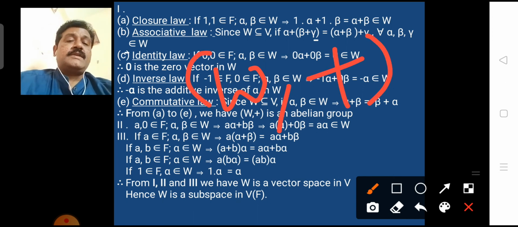The second property: we have to verify that W is closed under scalar multiplication.